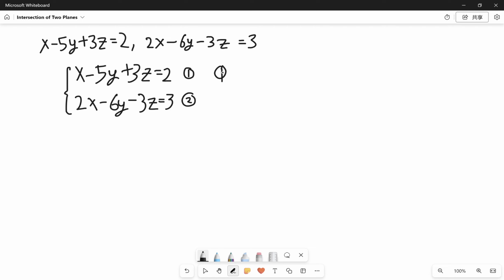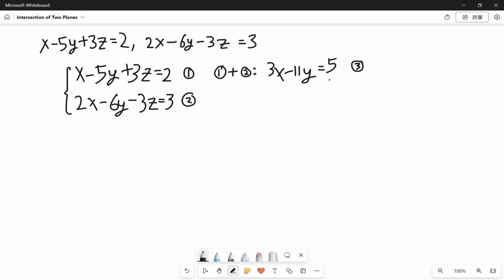Now, if I call these equation 1 and equation 2, equation 1 plus equation 2 gives us, on the left hand side, x plus 2x, which is 3x, negative 5y plus negative 6y, which is minus 11y, 3z minus 3z, which is 0, and then we have 2 plus 3, which is 5. So we get this new equation, which we'll call equation number 3.